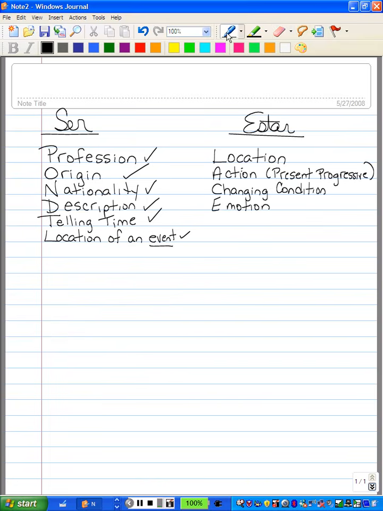Alright, let's look at some sentences with estar. Location. You could say, yo estoy en clase. I'm in class. Alright, you could say, Calhoun está en Decatur.